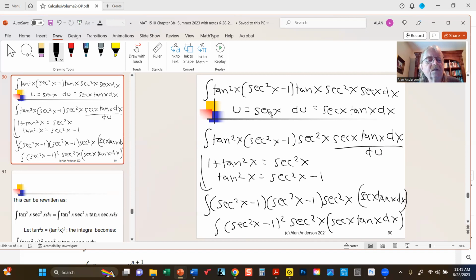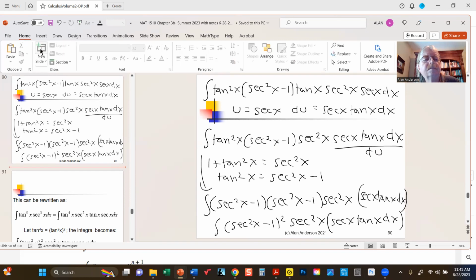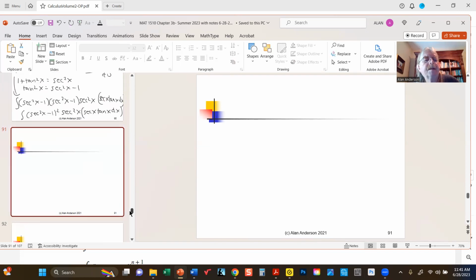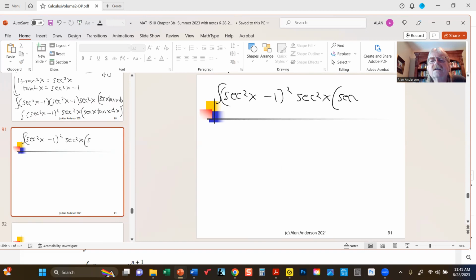So now it's getting a little clearer what we're supposed to do here, I think. So let me just write that down one more time. It's secant squared x minus 1 squared, secant squared x, secant x tangent x dx.